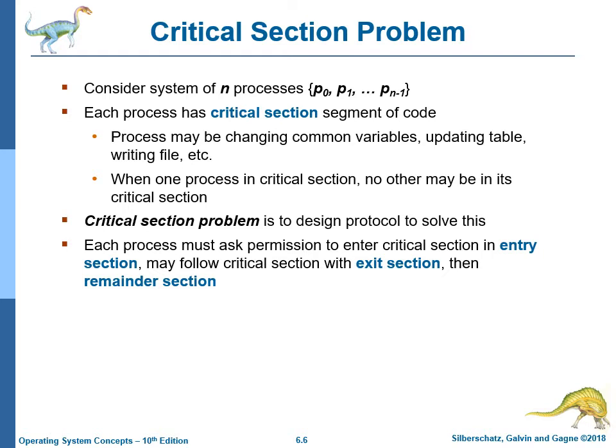So macam mana operating system may decide which process need to access that particular memory pada masa tersebut. So ini akan berlaku apabila dia berlaku cooperating ataupun berlaku dalam concurrently ataupun parallel. Kalau dia berlaku in the sequential, dia tak akan berlaku race condition.